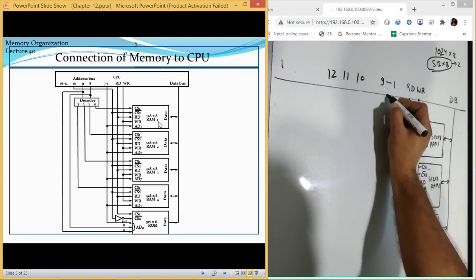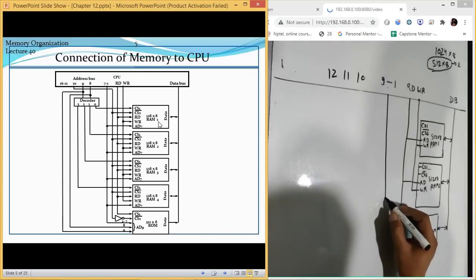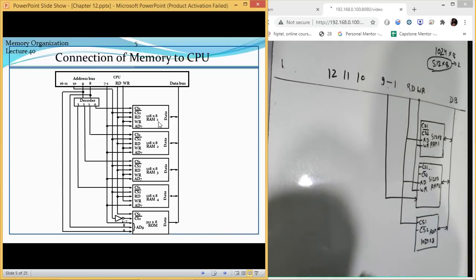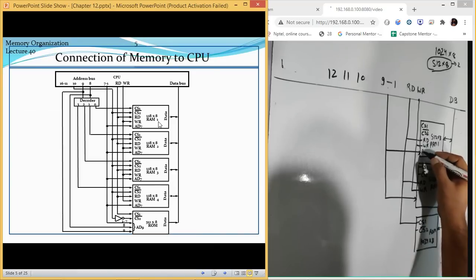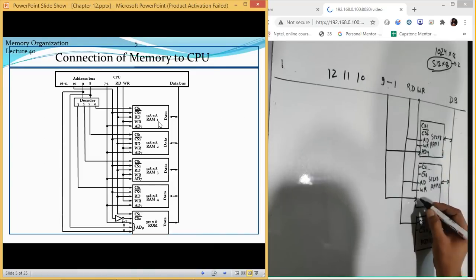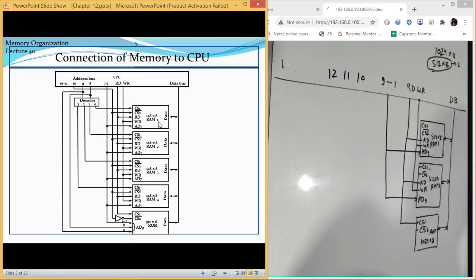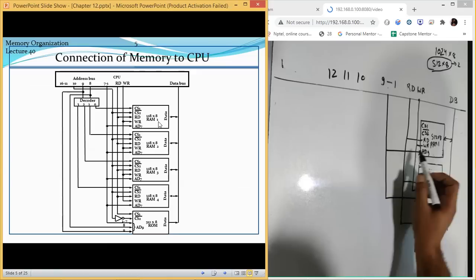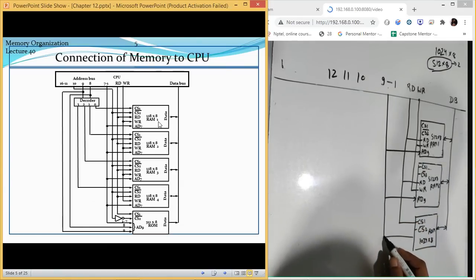So these 9 address lines are getting connected with this as well as here. So these are address lines 9, which is represented by AD 9. So we have connected these address lines with this, and with the ROM also.